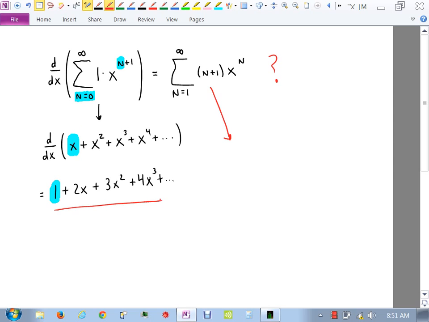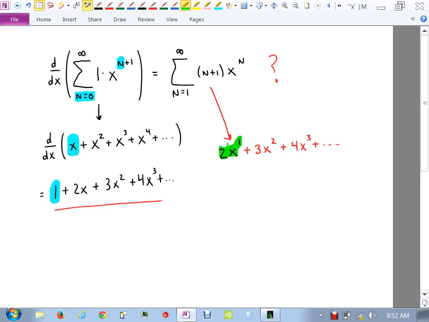So what we have is, let's see, n is 1. If we let n be 1, we get 1 plus 1, that's 2, x to the 1, plus, now let n be 2, we get 3x to the 2nd power, then n is 3, we get 4x cubed, and then we keep going. Now, certain things do match up.